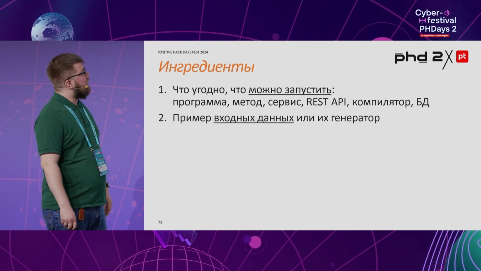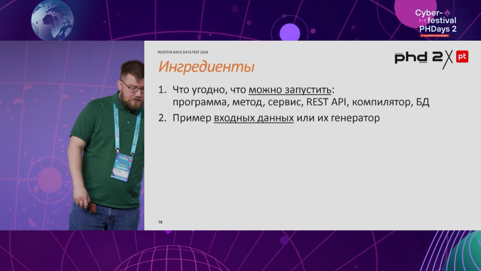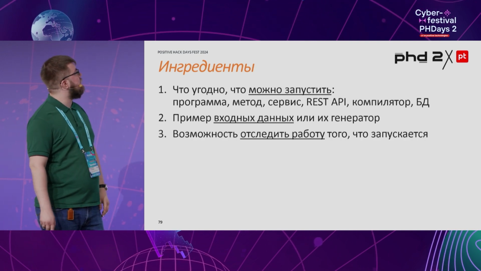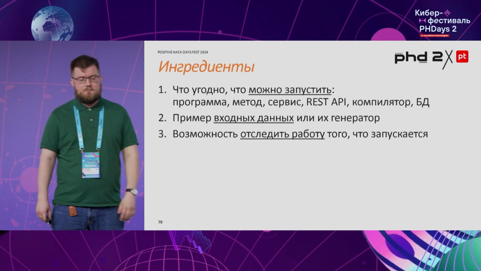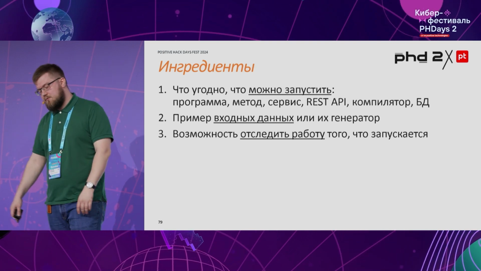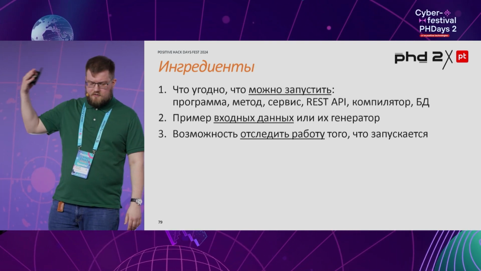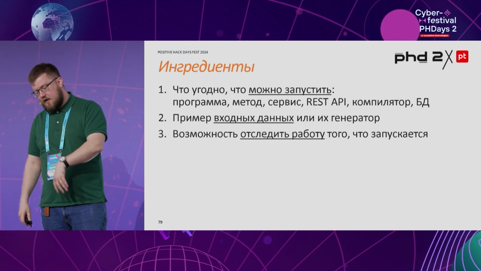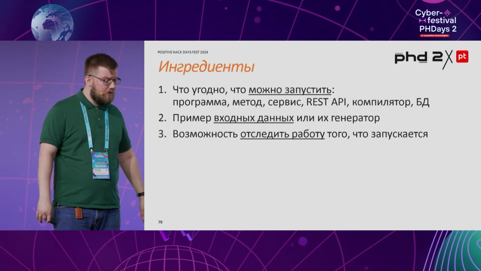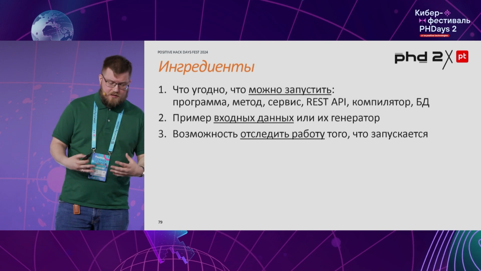It's another interesting domain. Input data and their generator, this is an obvious thing, and we also need to be able to track the operation of the fuzzer. There are lots of buzzwords such as metrics, uptime, status, and so on.